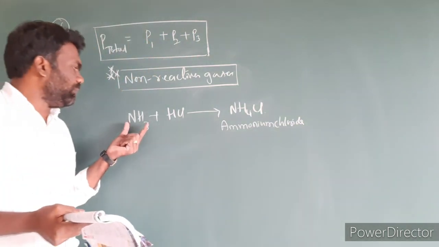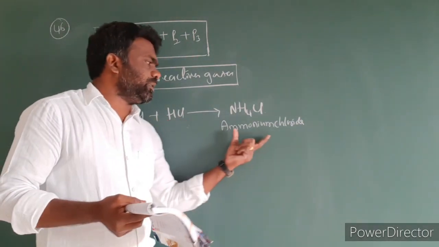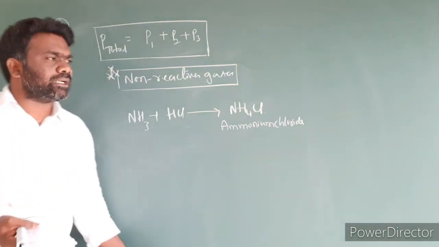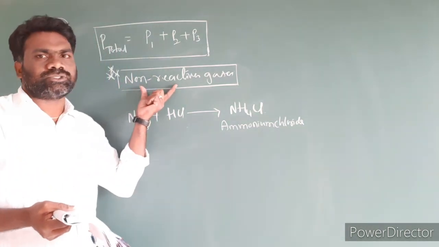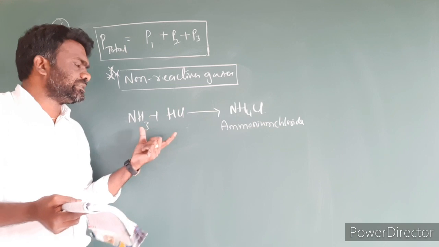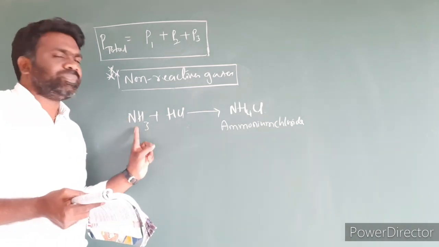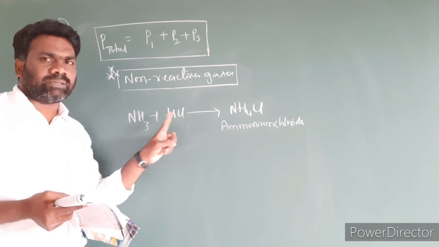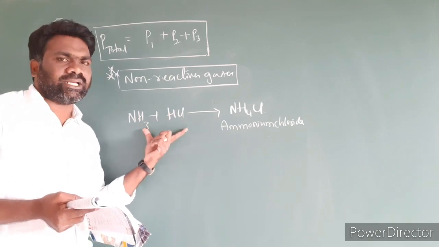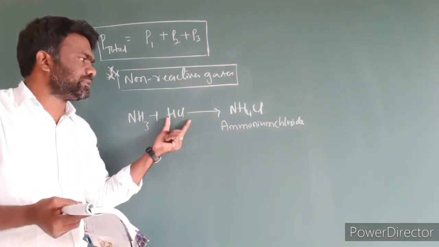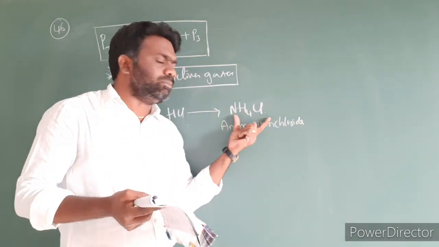According to Dalton's law of partial pressure, the gases should not react. So when the gases react, Dalton's law of partial pressure is not applicable. In this case, Dalton's law is not applicable because they are reactive gases, ammonia reacting with hydrochloric acid to form ammonium chloride.